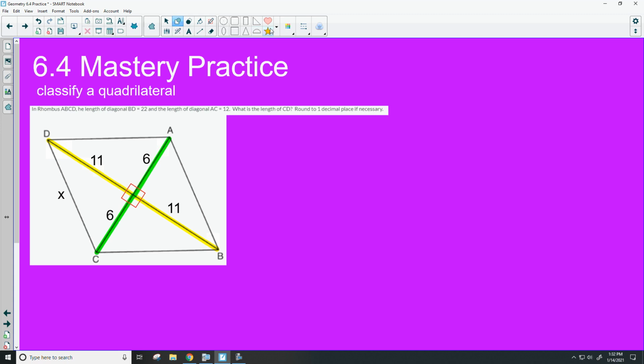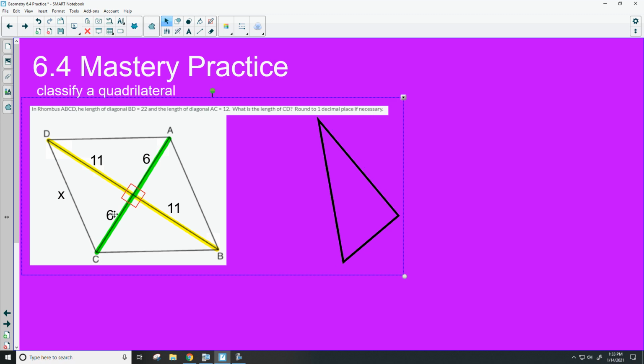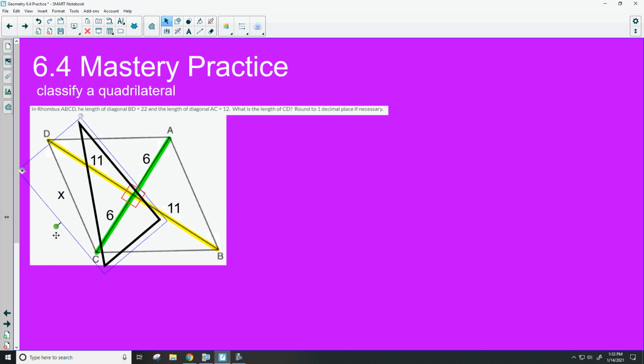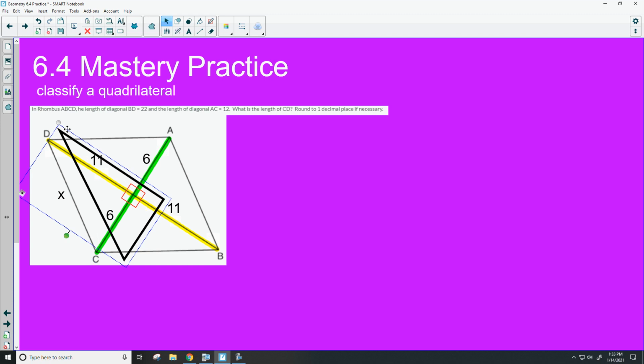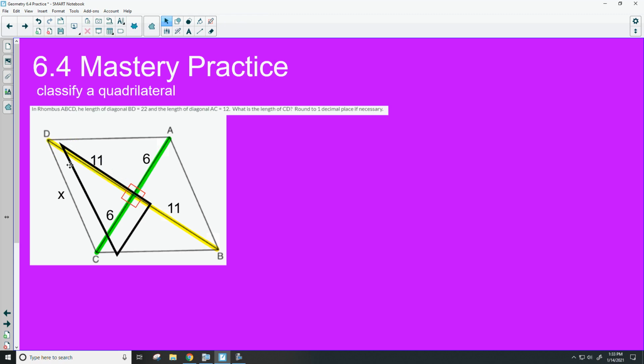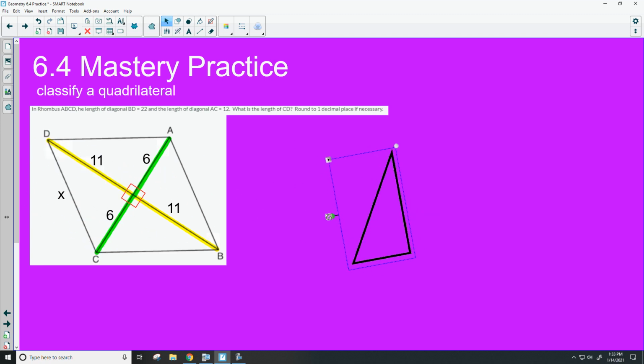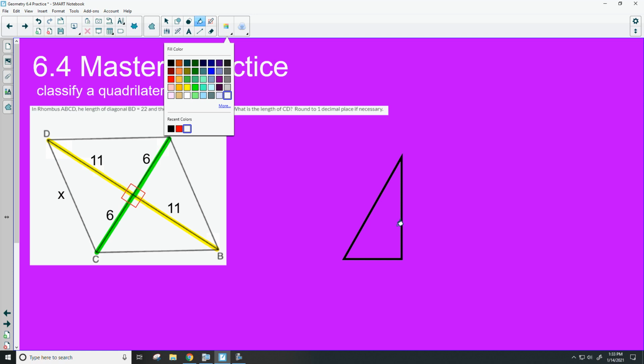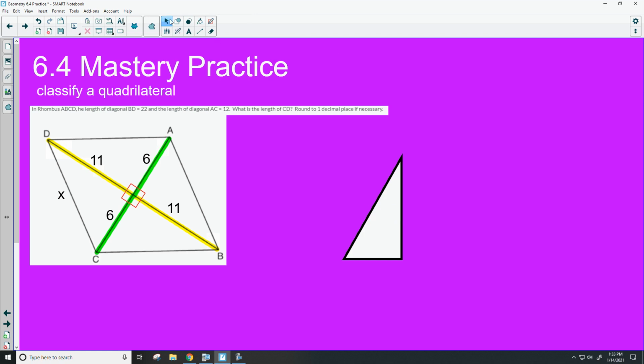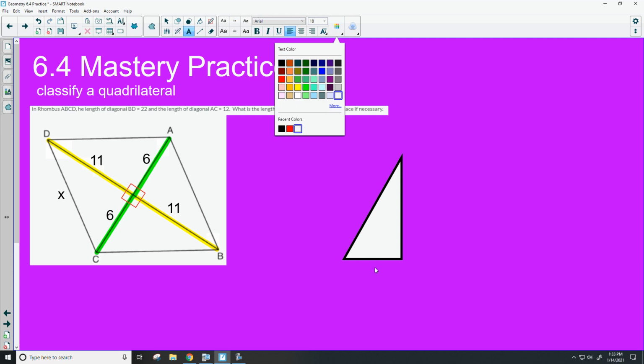So if I pull this triangle right here out, I already know that this bottom is 6.